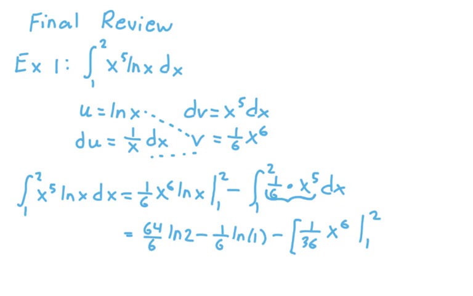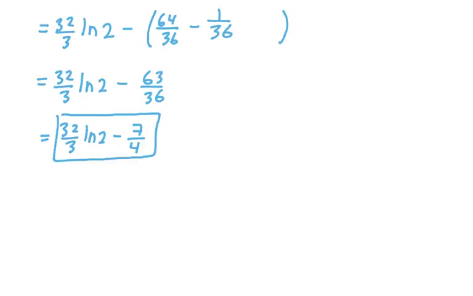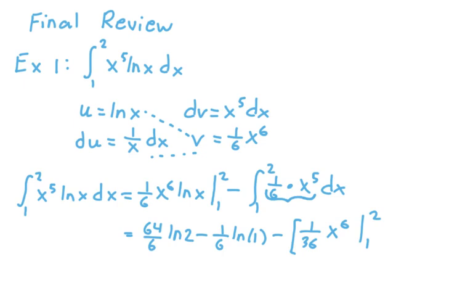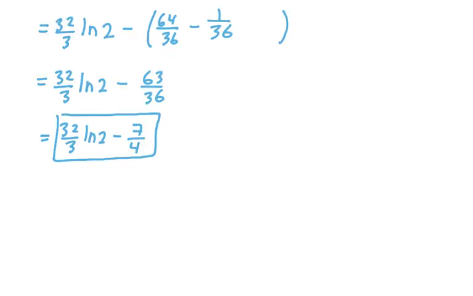Now, finishing this problem, we get 32/3 natural log of 2 minus, and then it's 64 over 36 minus 1 over 36. In other words, for this part of the result, I replace x with 2 and then x with 1 and subtracted the results. And that's what I did over here.